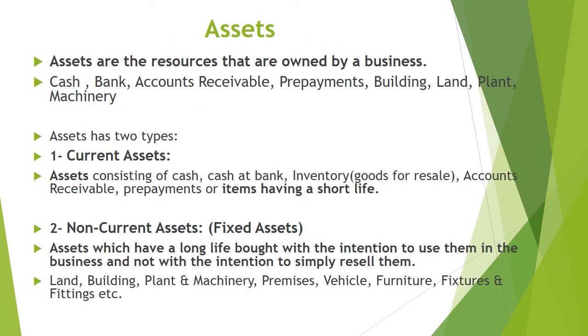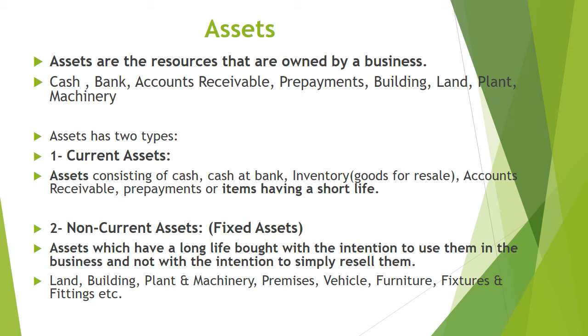And what are the assets? Assets are the resources that are owned by a business, like cash, bank, accounts receivable, prepayments, building, land, plant and machinery. Assets have two types. First is current assets: assets consisting of cash, cash at bank, inventory, goods for resale, accounts receivable, prepayments, or items having a short life.